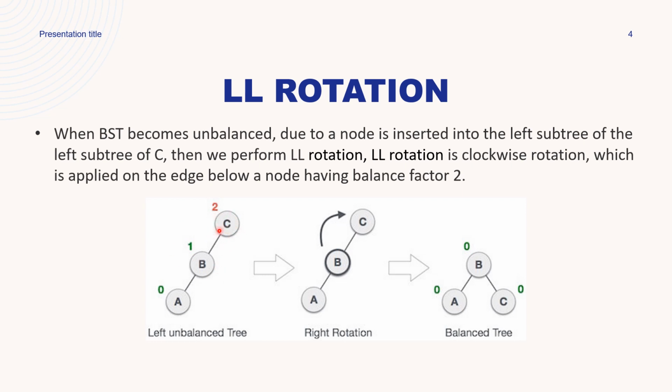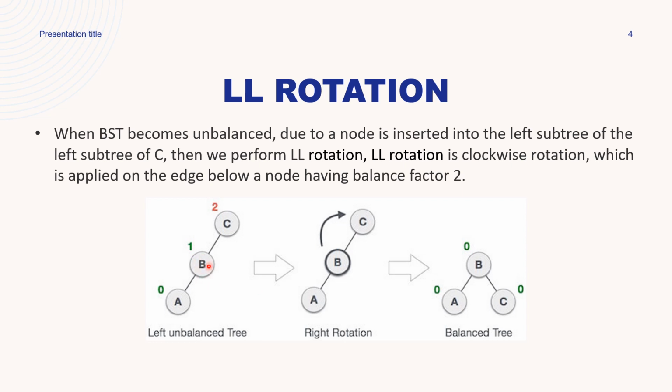When such a condition appears, for the node at the level below the node having the balance factor of 2, we perform the right rotation or clockwise rotation.